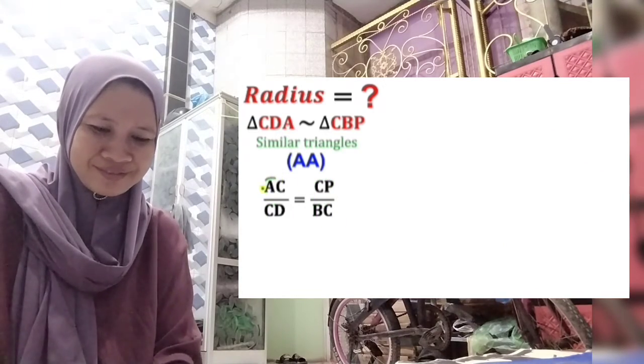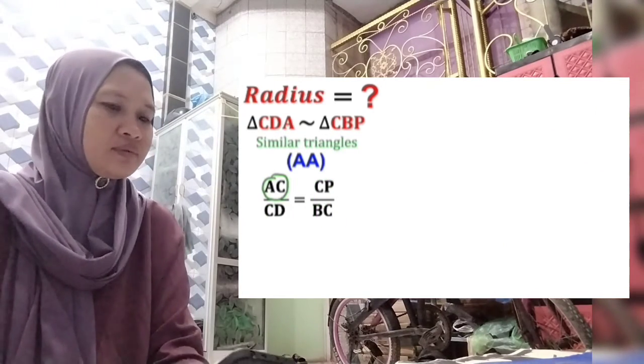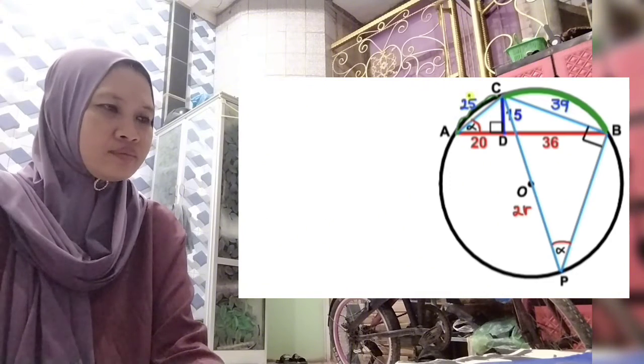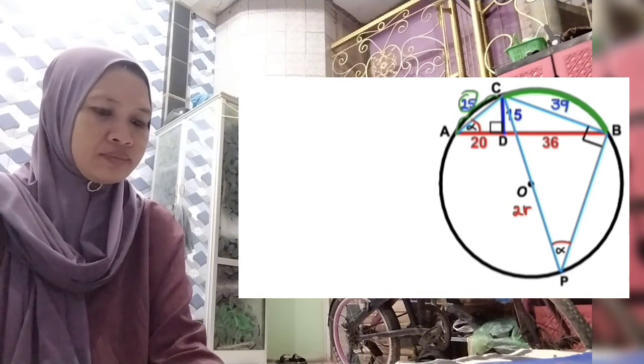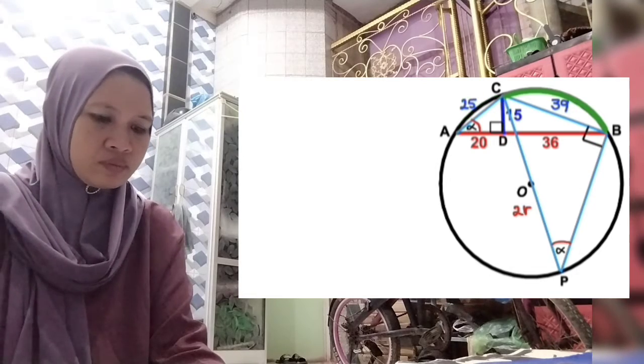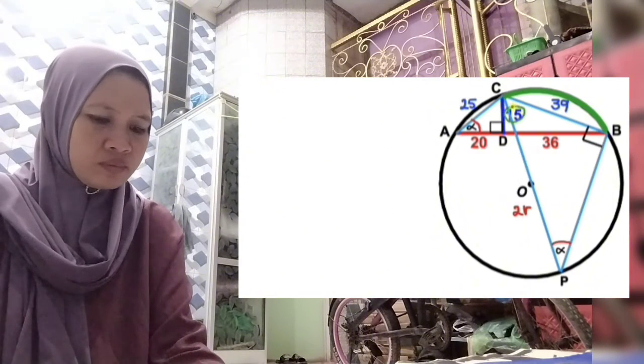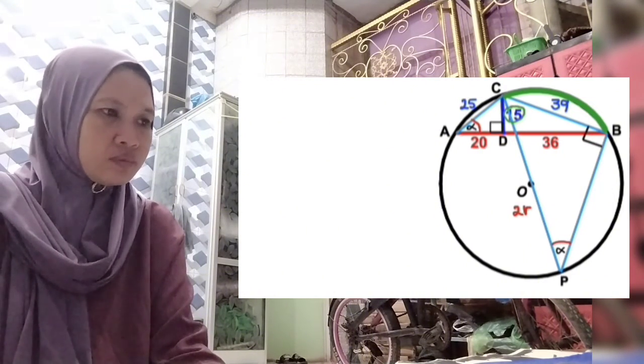And now let's make an observation. We can see this segment AC is this chord, which is 25 units. So I'm going to replace that one with 25 over here. And in the denominator, this CD is our perpendicular, which is 15 units. So I'm going to replace that one with 15 over here.